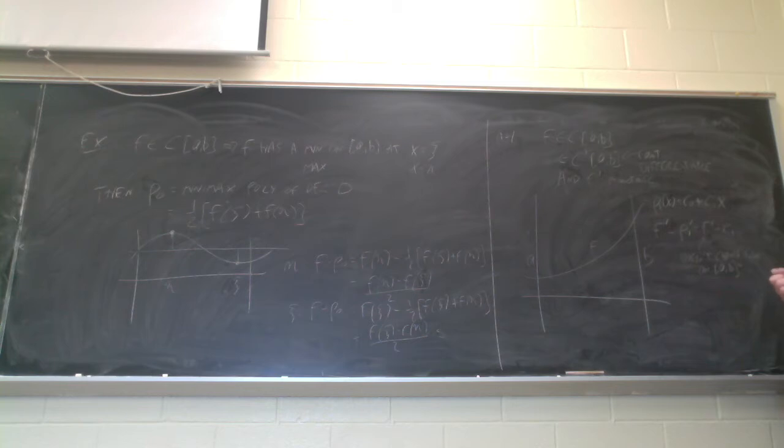But f prime itself doesn't change sign at all on AB. Like here, it's always increasing. If we subtract C1 from it, it could go positive and negative, but how many sign changes can you possibly have?